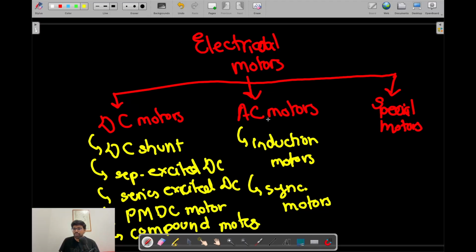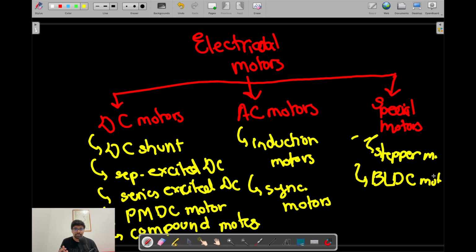Under the special motors, the widely known ones are the stepper motors. Then you have the BLDC motors, which you might have heard of in a lot of applications. BLDC stands for brushless DC motors.